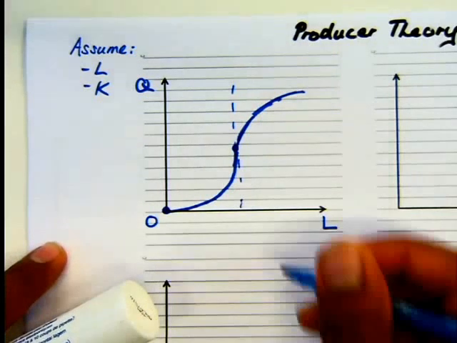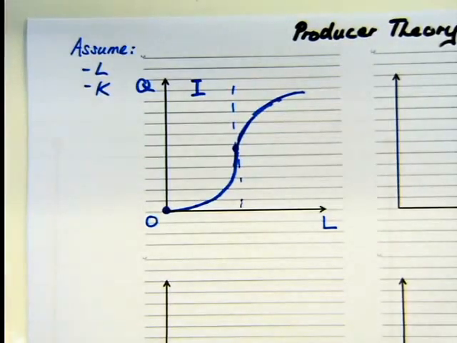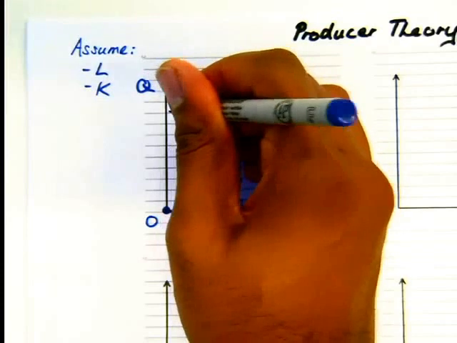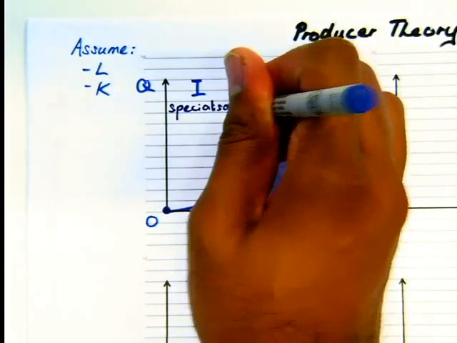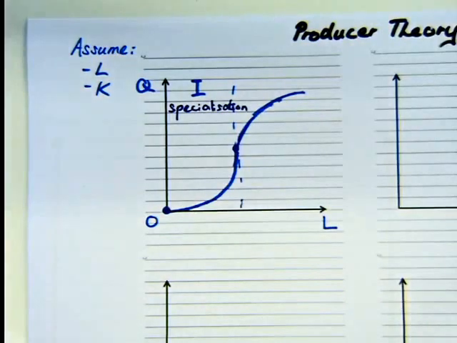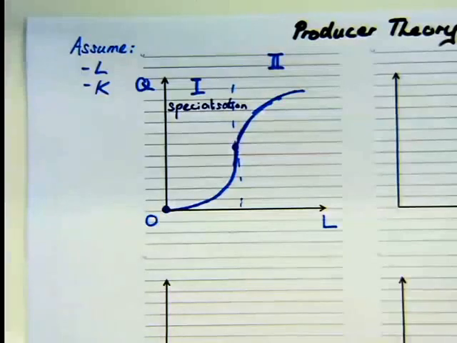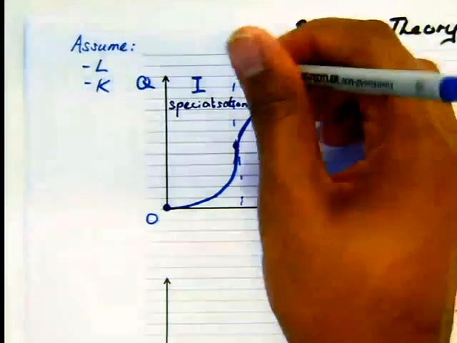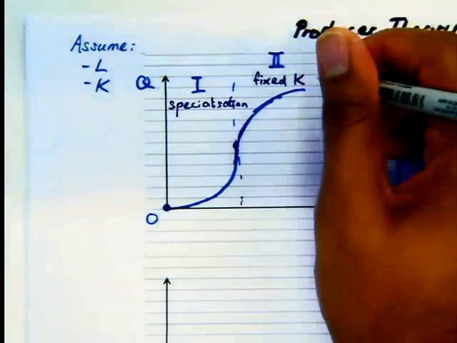The first stage happens due to specialization. The second stage happens due to fixed capital, in the what run?